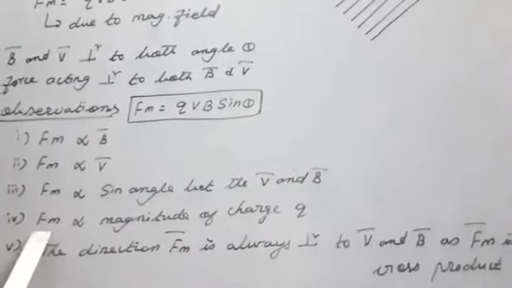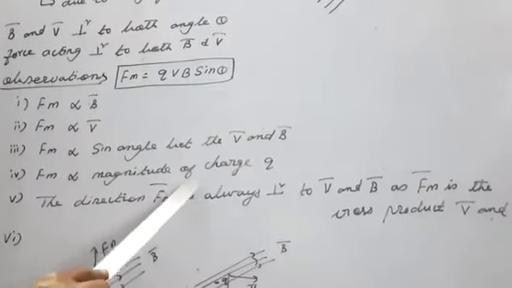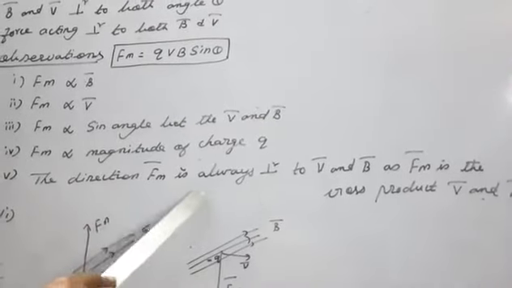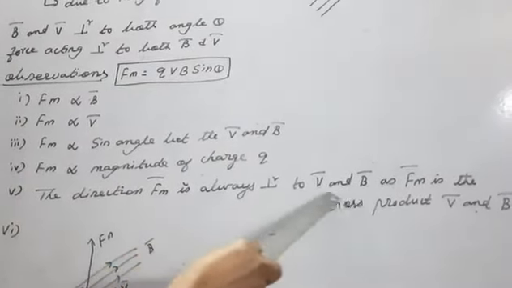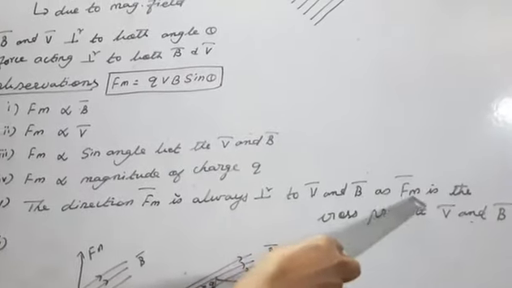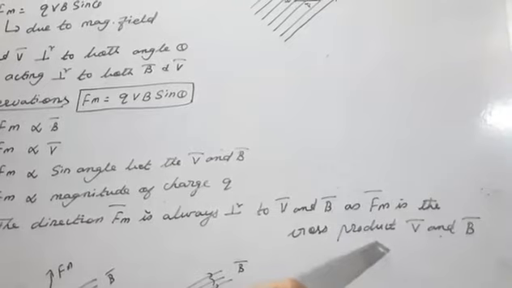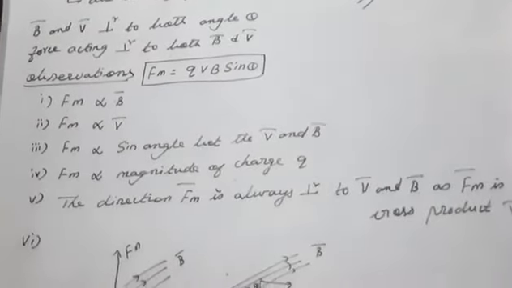Next, the force experienced is directly proportional to the magnitude of the charge q, and the direction of the Fm vector is always perpendicular to both the v and b vector, as the Fm vector is a cross product of the v and b vector. Next, we will find the direction of the Fm vector.